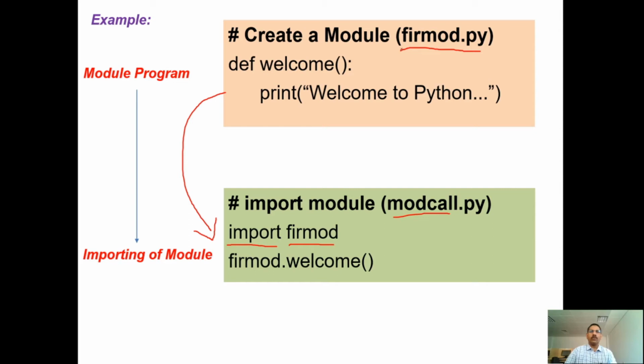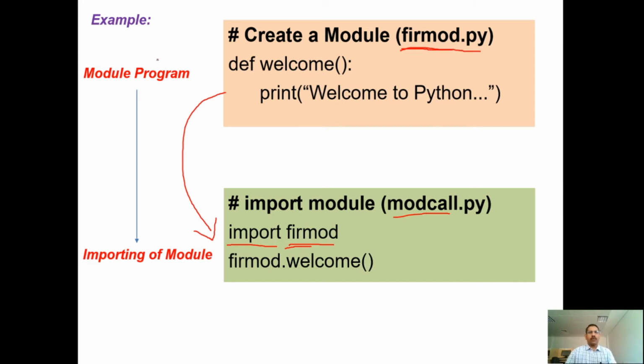Both should be the same, fir mod and fir mod. Whatever file name we specified for the previous file, the same name we should use here for the import. Whatever functions, methods and operations are available in the first file, all will be transferred here.